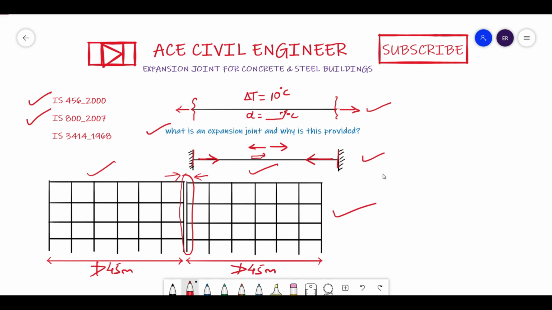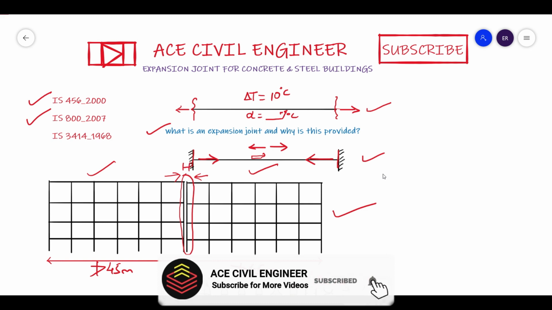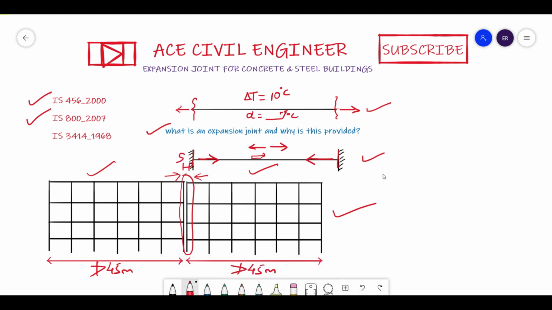So here, this is an expansion gap of some dimension, consider this as S. This S should provide the spacing for both these structures to freely expand, and at the same time they should not pound against each other, either in seismic action or due to wind lateral forces. This is the criterion you need to consider for concrete structures.